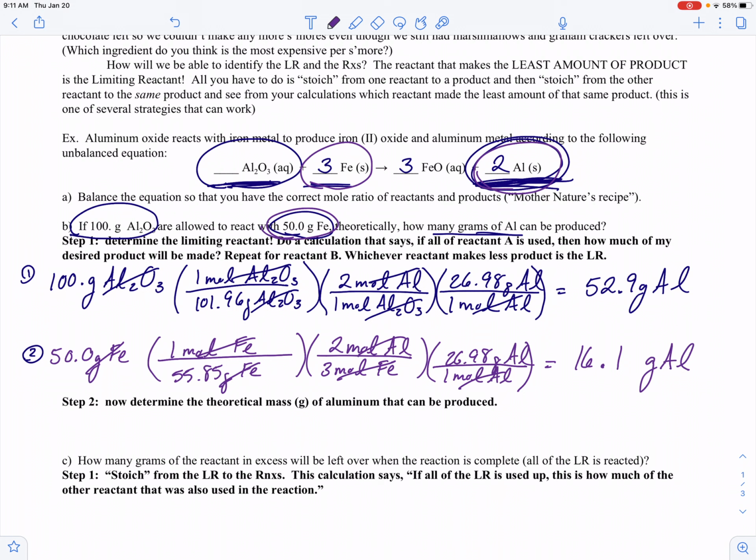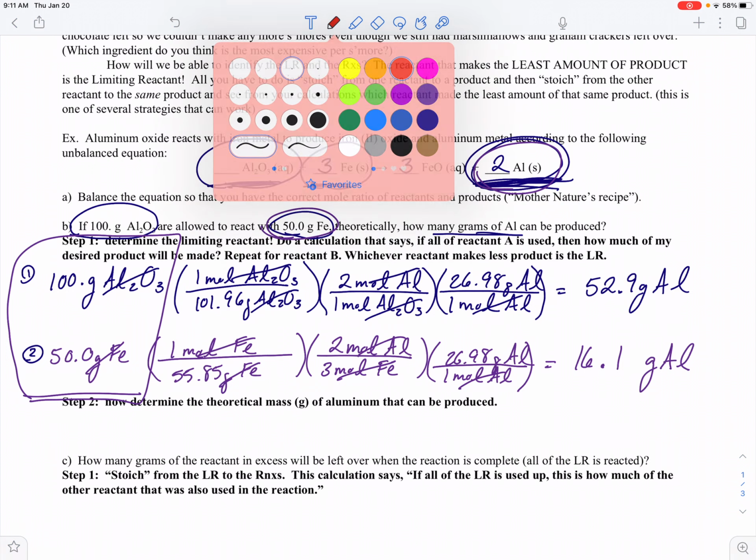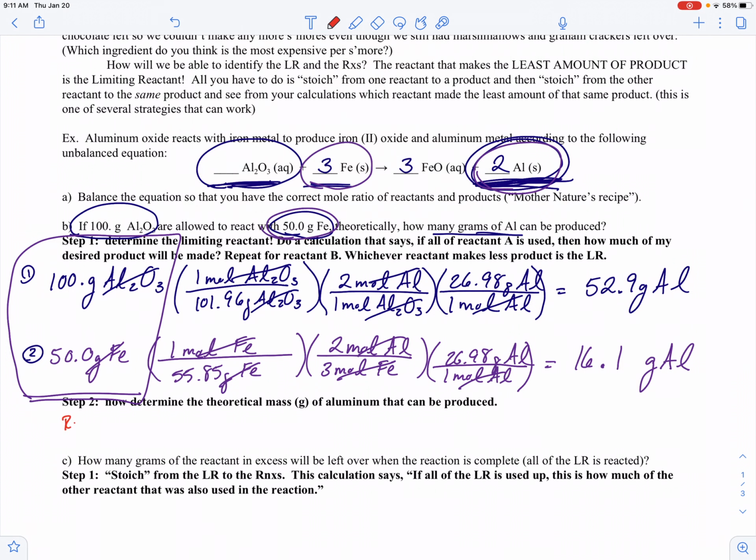Now what I'm going to do is compare these two numbers. So if I gave you both of these, I'm going to run out of one of them. And so what's going to happen is I'm going to run out of iron first. So from this information, I can tell that I am going to run out of iron once I theoretically make 16.1 grams of aluminum.